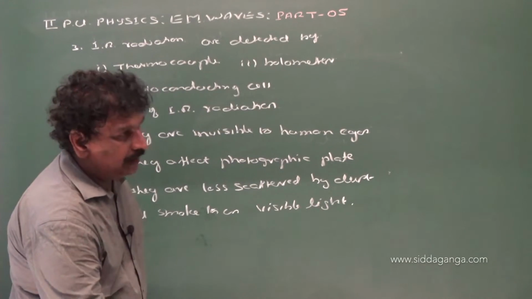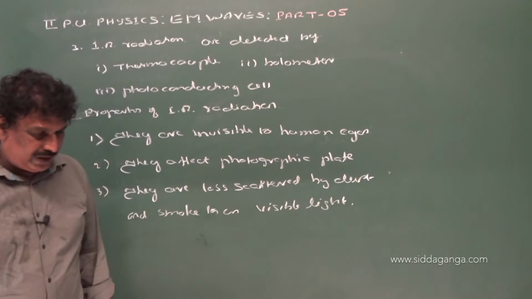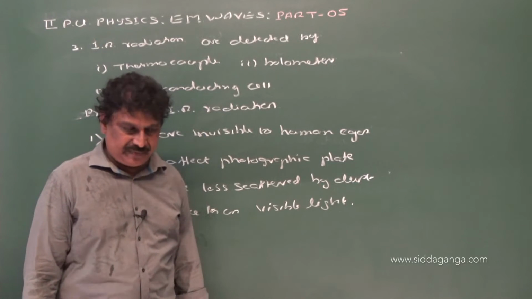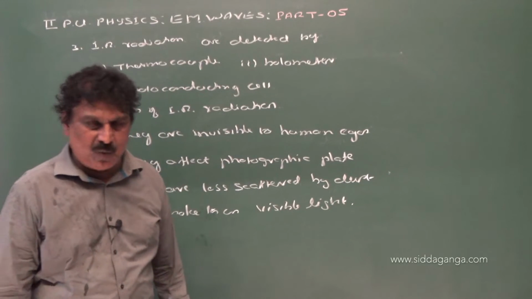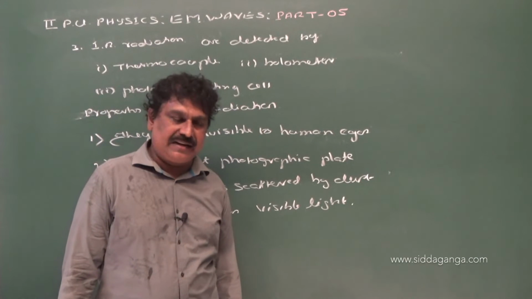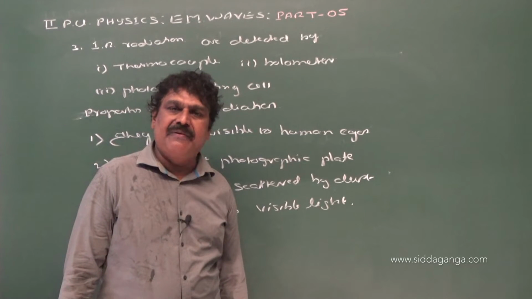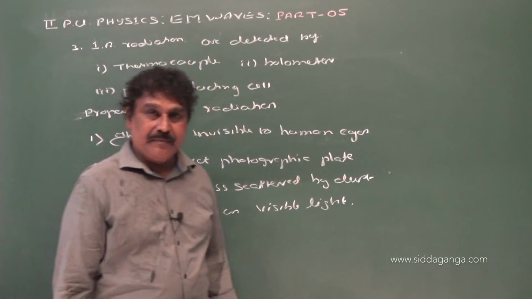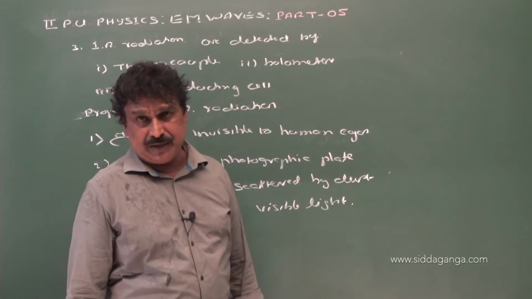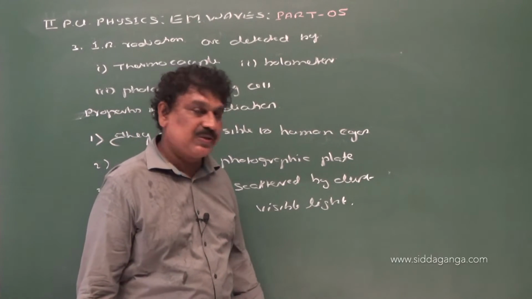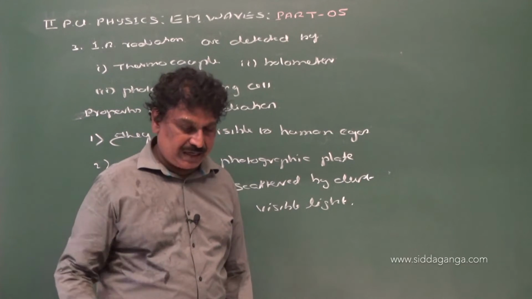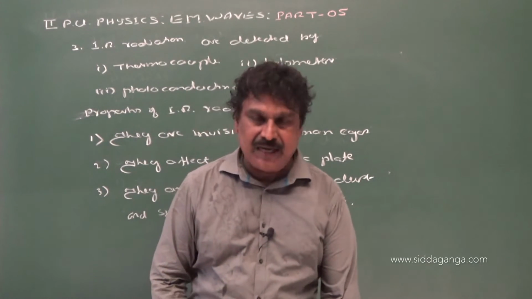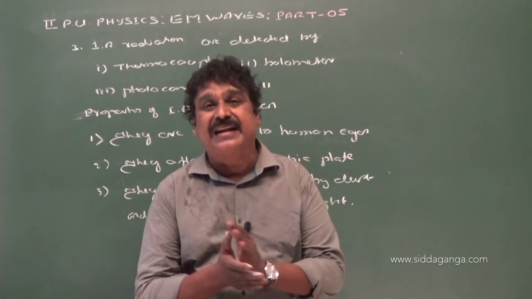Now, generally, whenever a radiation passes through dust in atmosphere or smoke, the light gets scattered. The scattering of a wave means the absorption of radiation by atoms or molecules of dust particle and smoke, and re-radiation in all the direction, right? So compared to visible light, infrared radiation is less scattered, right?